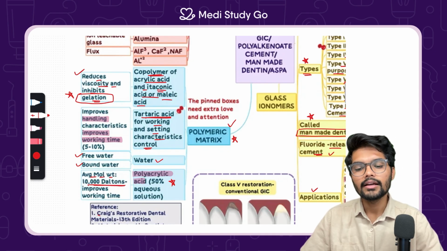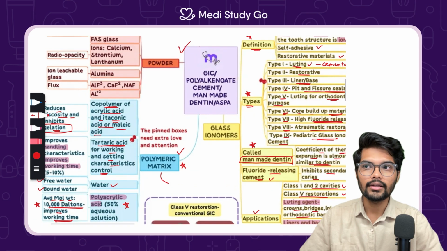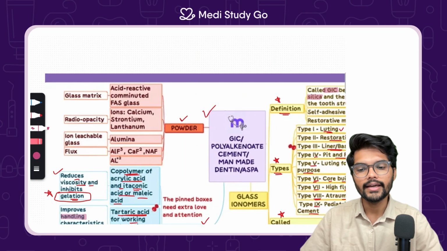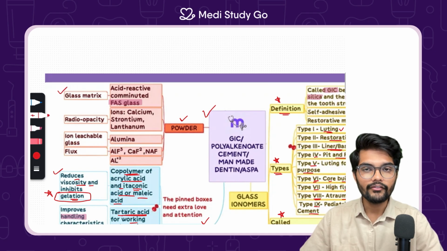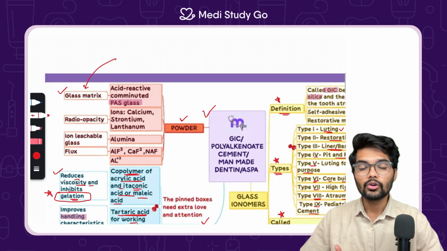Now coming to the powder or the second component of GIC, it basically consists of acid reactive comminuted FAS glass, which is basically the glass matrix. Now FAS here stands for fluoroaluminosilicate glass.